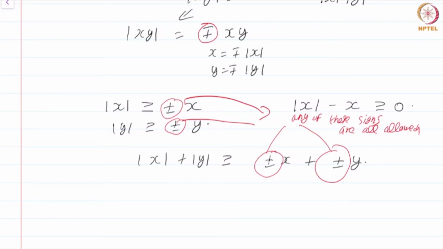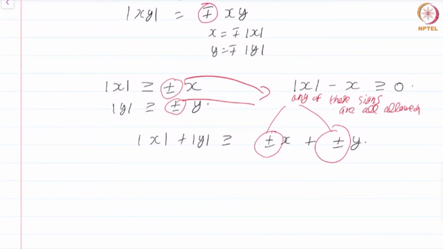Now you have mod x plus mod y greater than or equal to plus or minus x plus or minus y, where all possibilities are allowed. There are 4 possibilities for the right hand side.